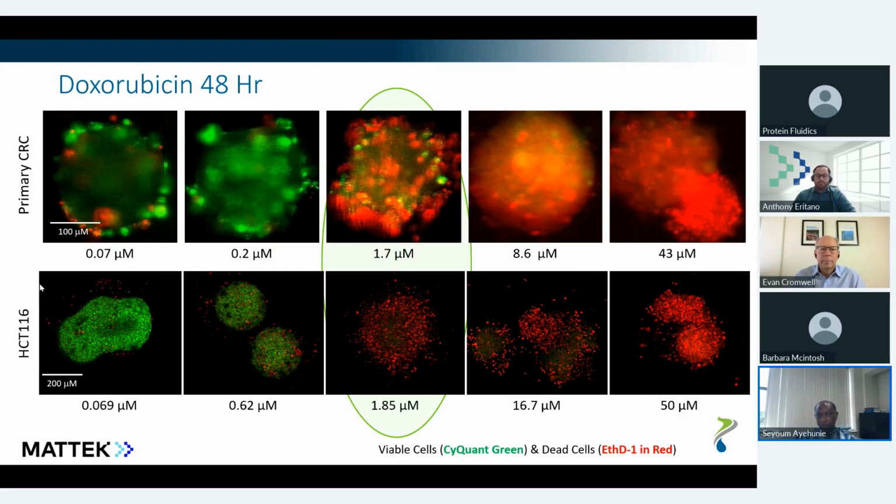So we have primary colorectal cancer cells that we generate, and we compare them with the known colorectal cancer cell line, and then we try to see some of the effects that we are seeing as the differences. So if you look at here, Dr. Robinson, that drug doesn't have much difference between the cell line and the primaries. So next slide, please.